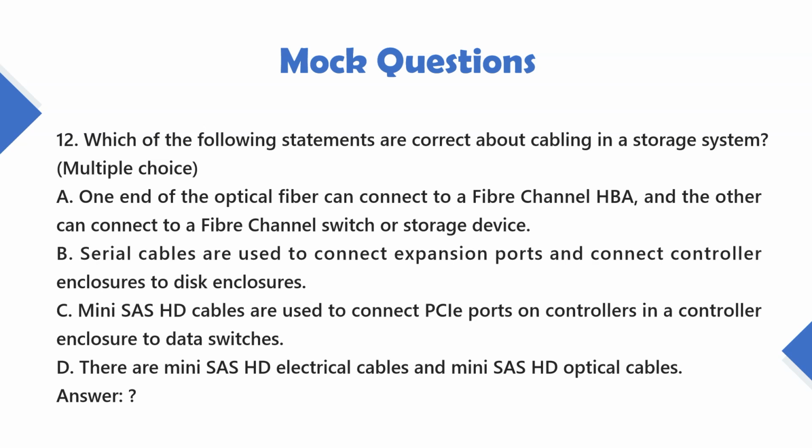B. Serial cables are used to connect expansion ports and connect controller enclosures to disk enclosures. C. Mini SAS HD cables are used to connect PCIe ports on controllers in a controller enclosure to data switches. D. There are mini SAS HD electrical cables and mini SAS HD optical cables.